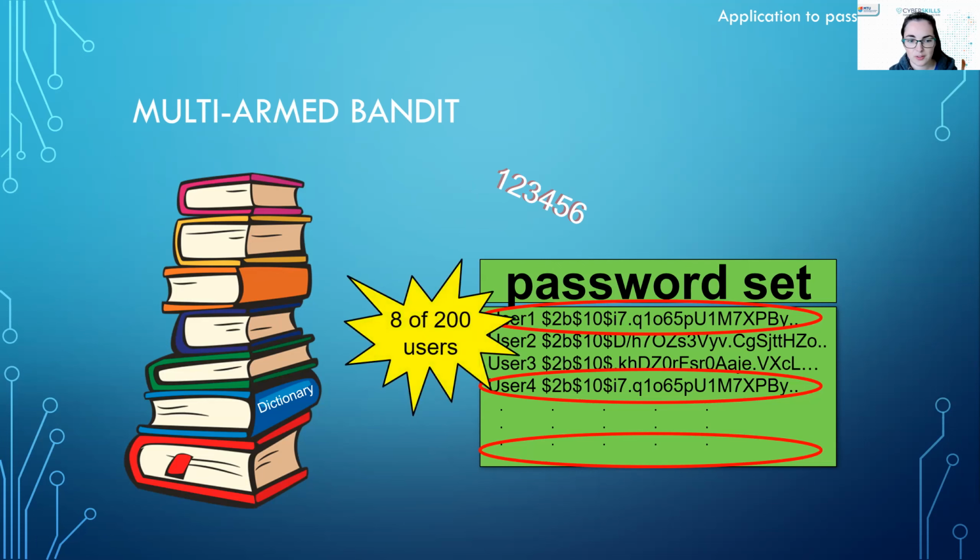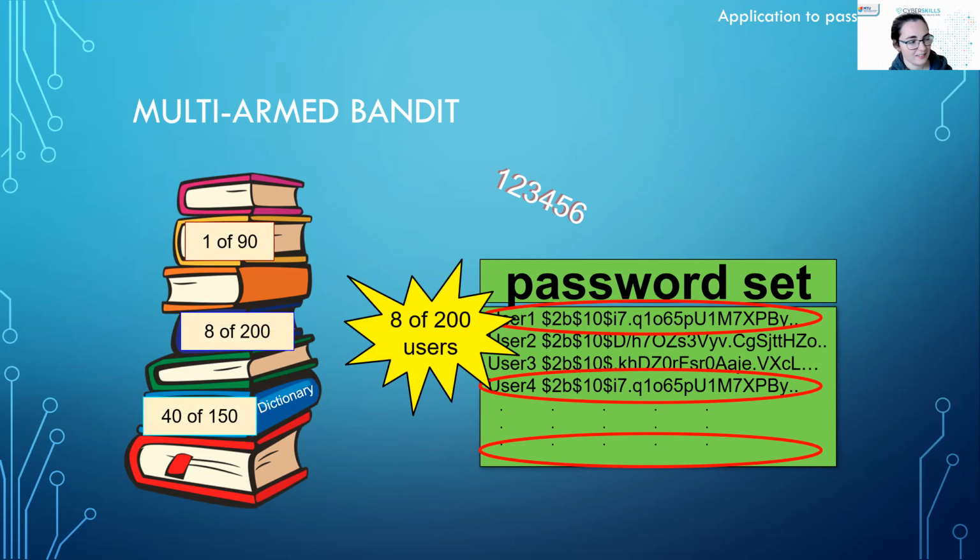And let's say of the 200 users' passwords, 8 users chose 1, 2, 3, 4, 5, 6. So that means I look back at my dictionaries and see how often 1, 2, 3, 4, 5, 6 occurred in them. In the first dictionary, 1 out of the 90 users in that word list had 1, 2, 3, 4, 5, 6.